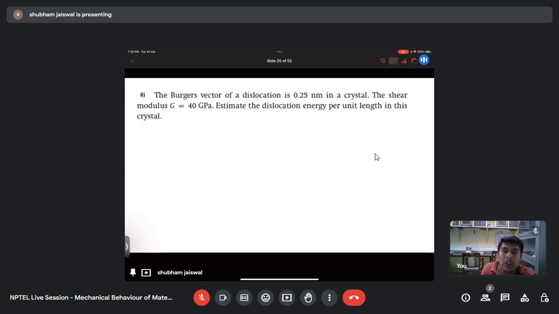Estimate the dislocation energy per unit length in this crystal. Please try to answer it. It's very simple. Just one formula and you will get the answer.